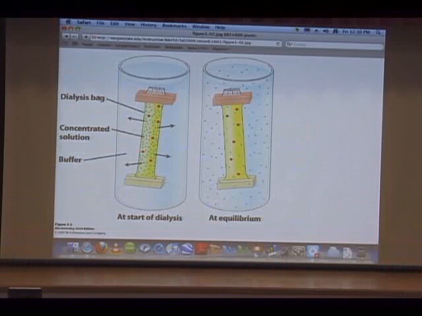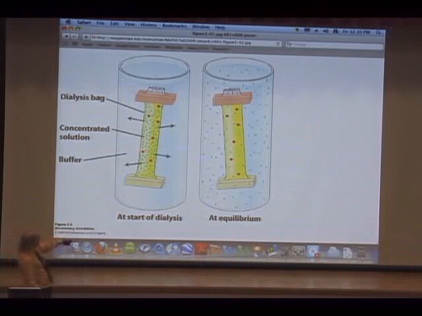So on the left, we can see an example of a mixture that I had that had a lot of small molecules in it. It also had my protein in it, which is shown in red. If I put this into a membranous tubing called dialysis tubing and close off the end so that it can't leak, and I put that in a mixture that has a buffer in it, the small molecules will come out because they're smaller than the openings in the tube.